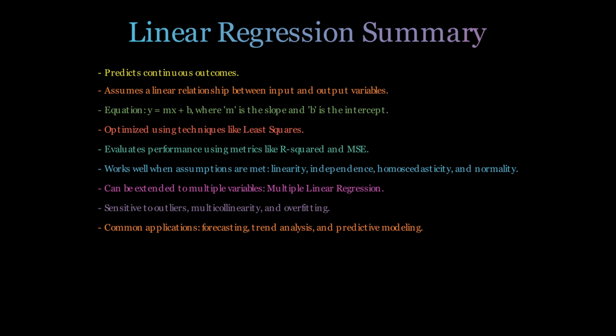However, it is sensitive to issues like outliers, multicollinearity, and overfitting, which can degrade its performance. Finally, linear regression is widely used in applications like forecasting, trend analysis, and predictive modeling.